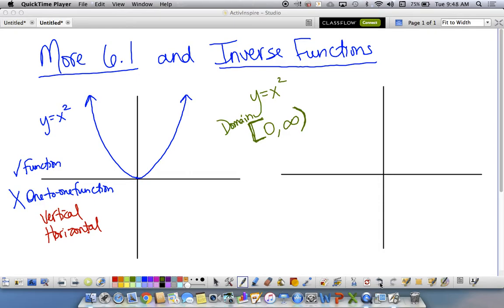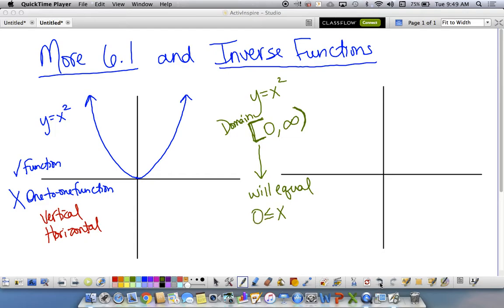Some places in Algebra 2 you would write all real numbers, that's from negative infinity to positive infinity. Now I'm restricting it. When I put a bracket, it means it can equal. That's like x is greater than or equal to. So I could have said x is greater than or equal to 0.